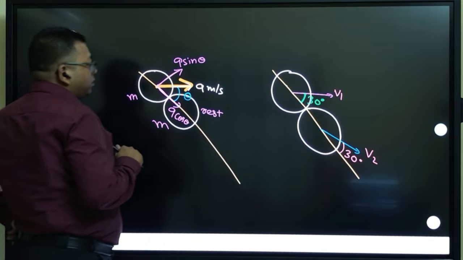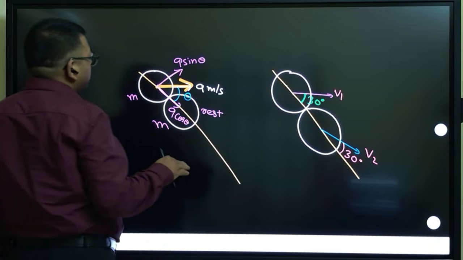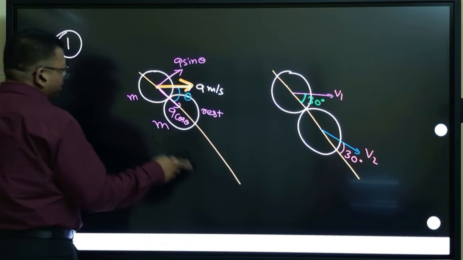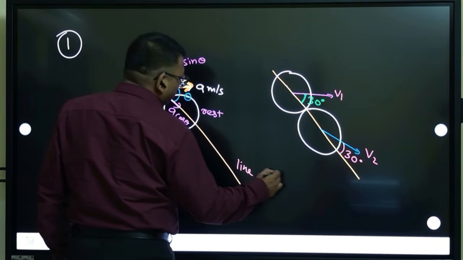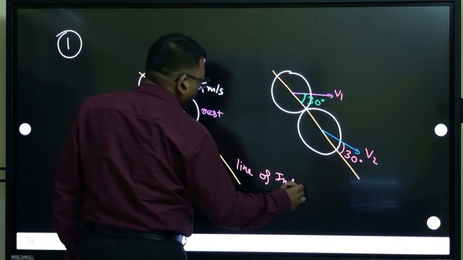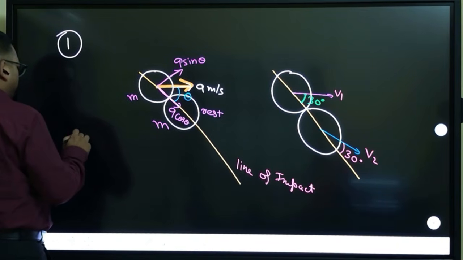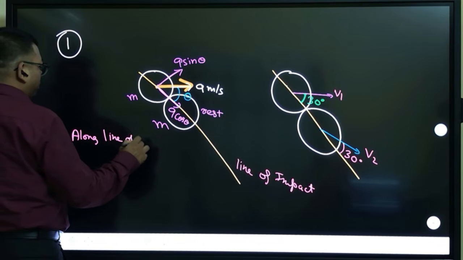So what we can do is apply momentum conservation along this line. This is called the line of impact. So along the line of impact, let us apply.